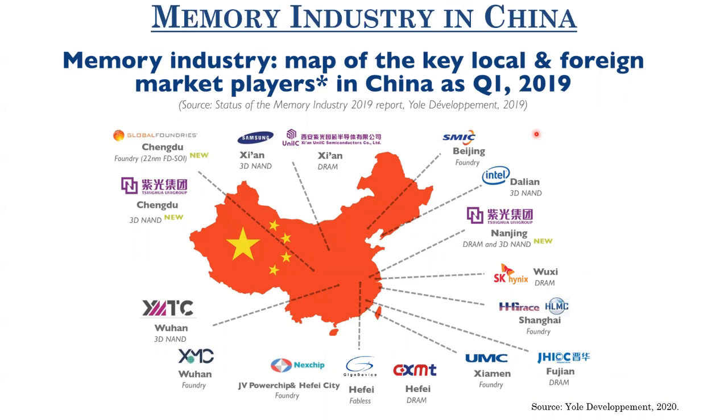So the government made policies to promote indigenous memory industries and promote offices of memory companies in China. As a result, many indigenous Chinese companies came into the picture, like YMTC, which is a major 3D NAND company. And all these major IDMs now have offices in different parts of China.